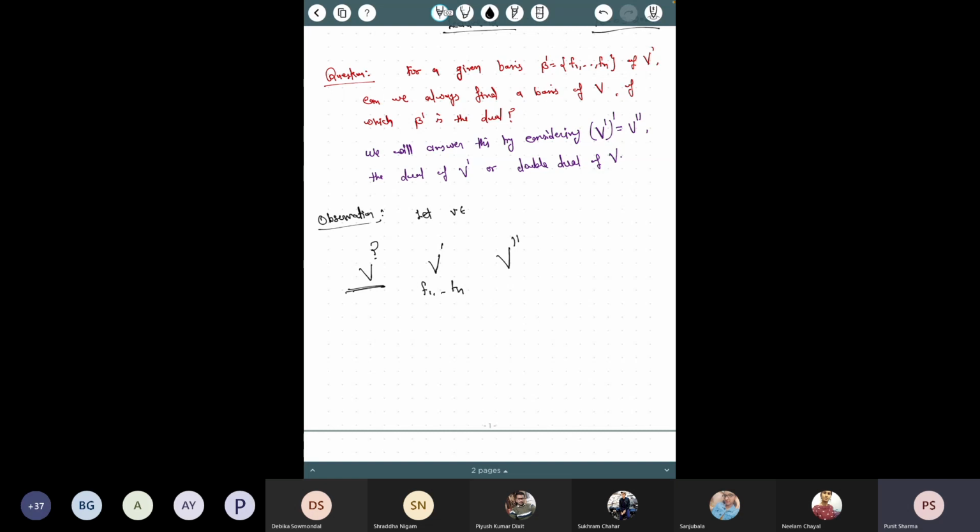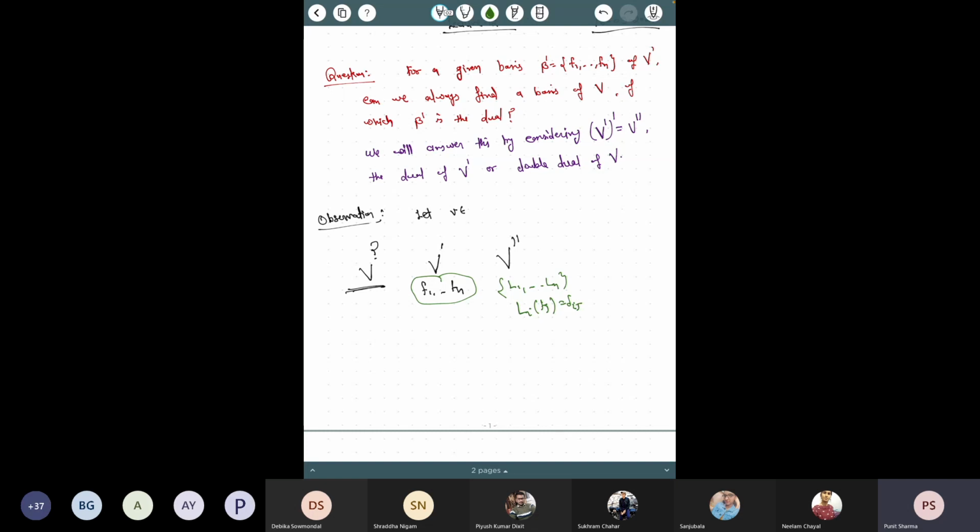What I know so far is that if I'm given f1 to fn, then I can always find a dual basis of this, because whatever we did for a vector space, we can apply the same thing on this basis, and we can find some basis, let's say L1 to Ln of this v double dash, which is the dual of this f1 to fn. That means Li(fj) satisfies delta ij. This we have studied.